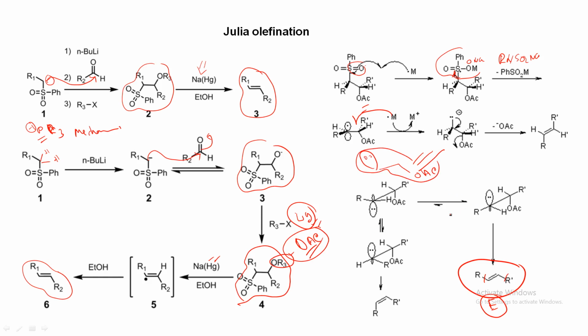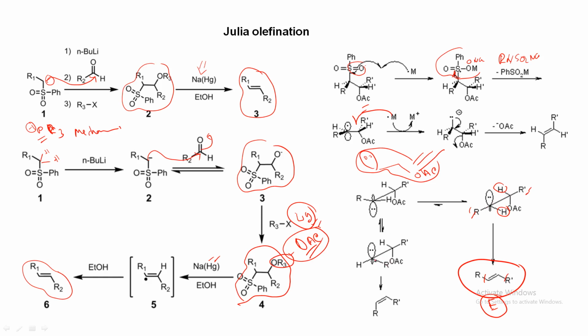In this anti arrangement, you can see this H and this H are opposite to each other, and this arrangement is more stable due to low steric crowding.